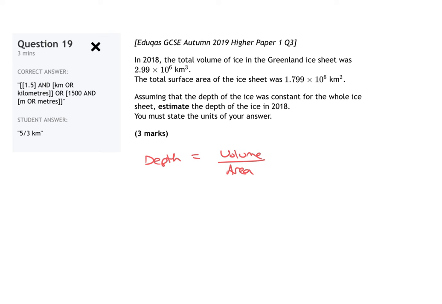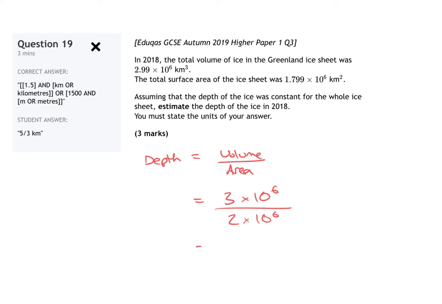So if we look at the question again, we have a volume of 2.99 times 10 to the 6. That is approximately 3 times 10 to the 6. That's all it is. And the surface area, 1.799 times 10 to the 6, that's approximately 2 times 10 to the 6. I've written both numbers to one significant figure.